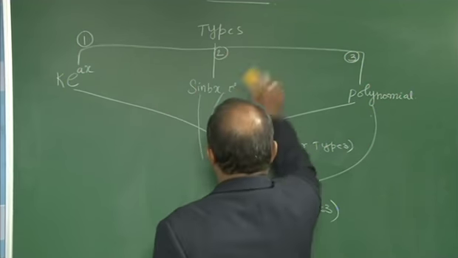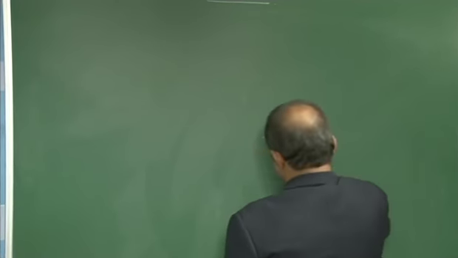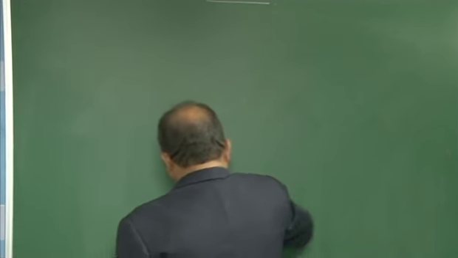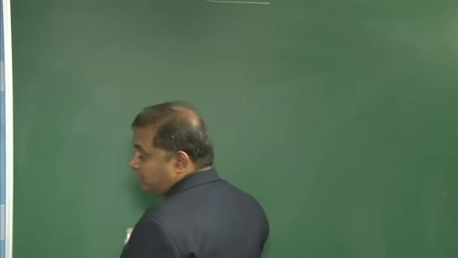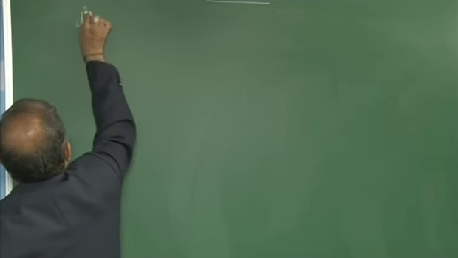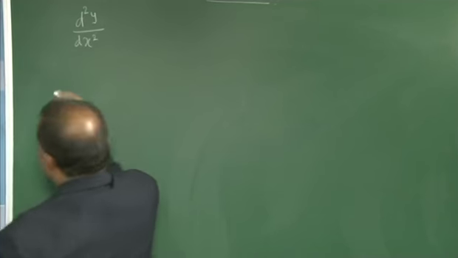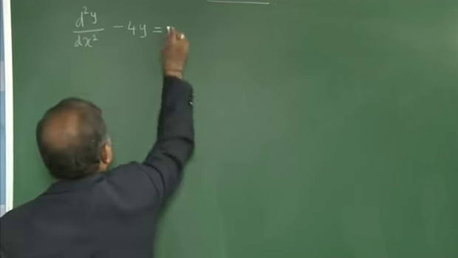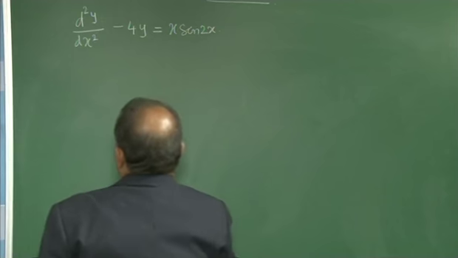Now, more clearly, let us take an example for type 5. After that, finally, I will show you what happens if all 3 occur: e, cosine and the polynomial. So, an example of type 5: d square y by dx square minus 4y is equal to x sin 2x. Listen carefully.